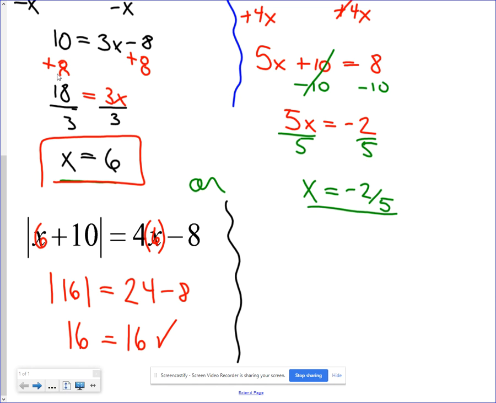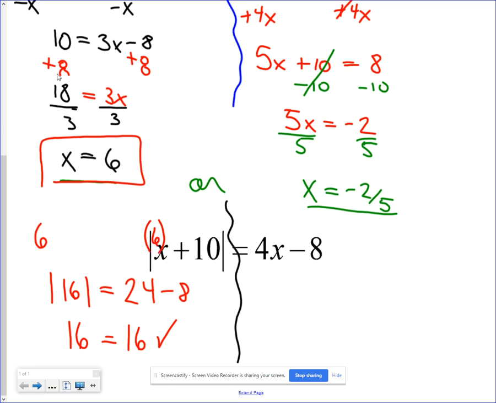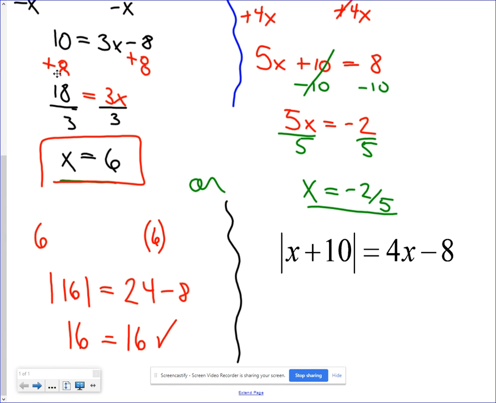Now we need to check our other possible solution, negative 2/5. So let's plug negative 2/5 in place of the x's. So we've got negative 2/5 plus 10 over 1.